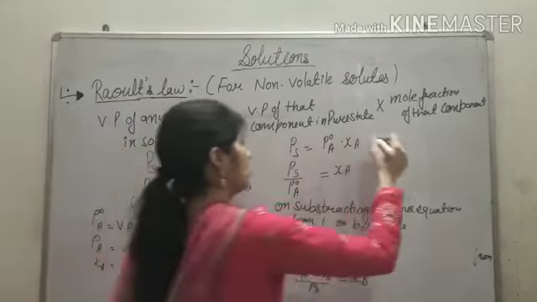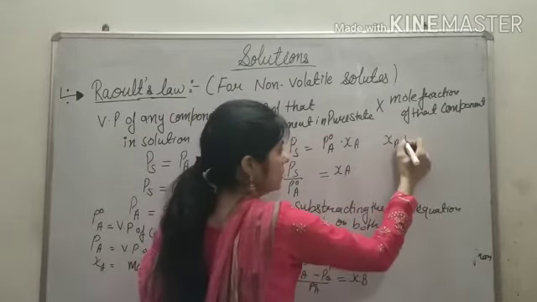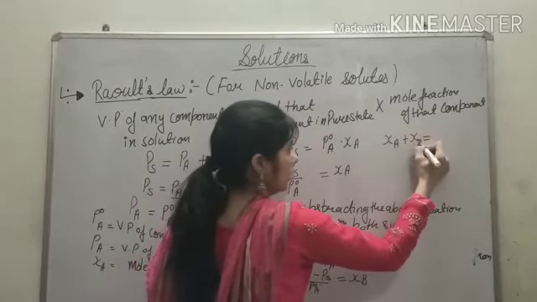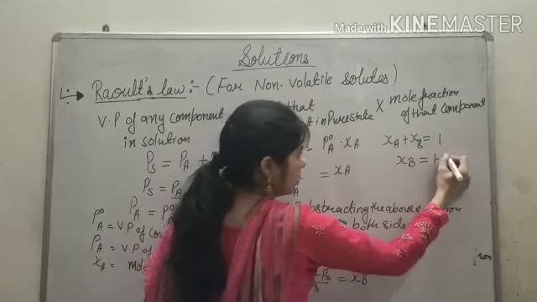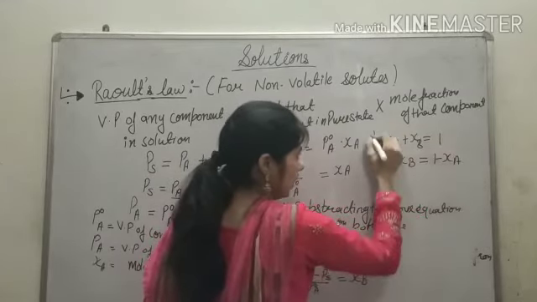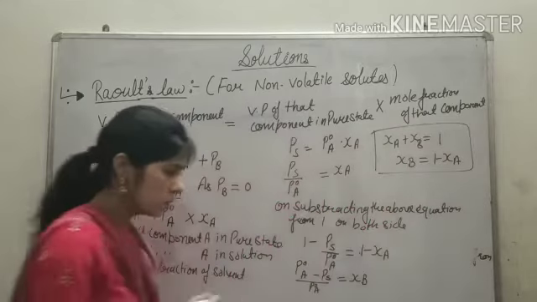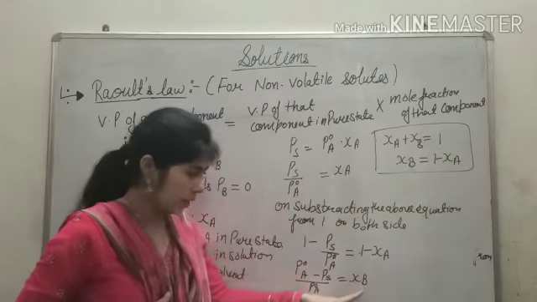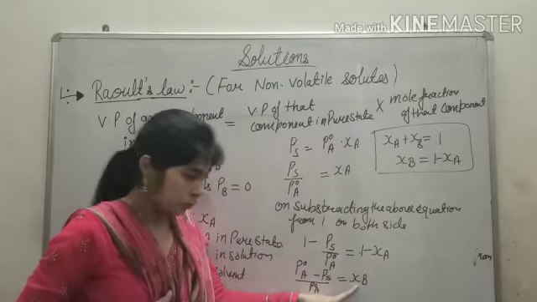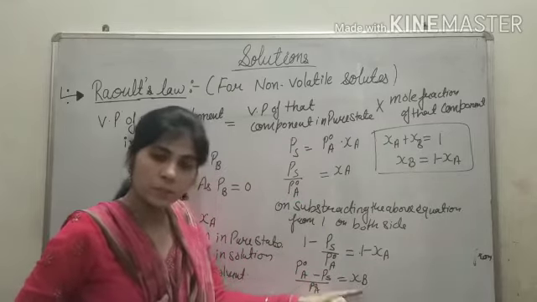As you know that XA plus XB is equal to 1, so XB is equal to 1 minus XA. So in place of 1 minus XA, I put XB.